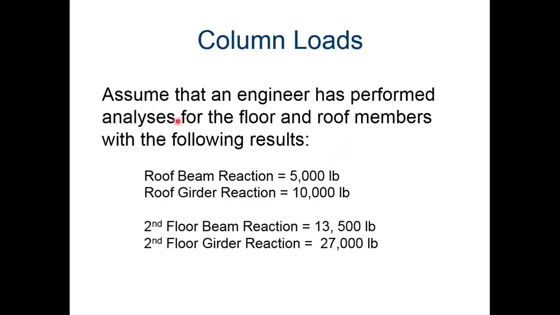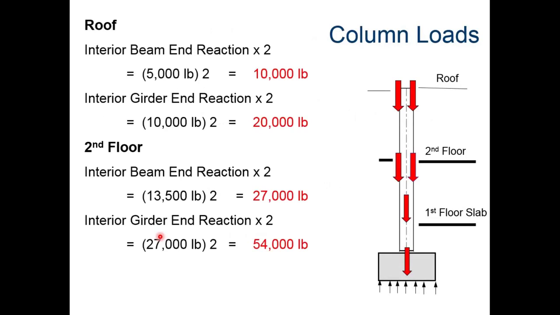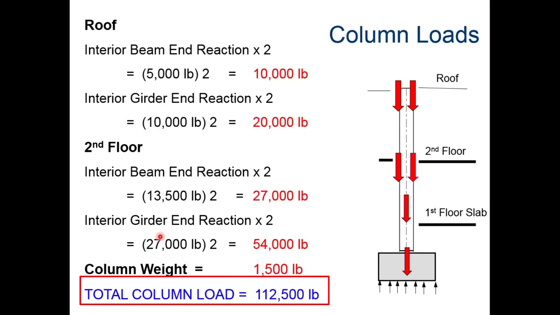We're going to make some assumptions that have already been calculated. We're just going to use this for the sake of simplicity for this example. Let's pretend we already know our reactions of our girders and beams for the roof and the second floor. Here's kind of a cutaway view.